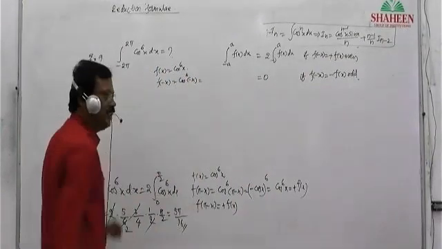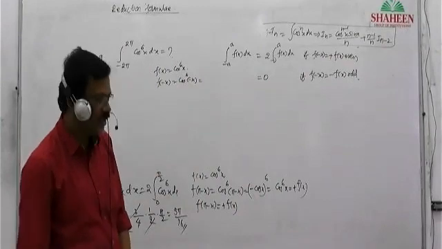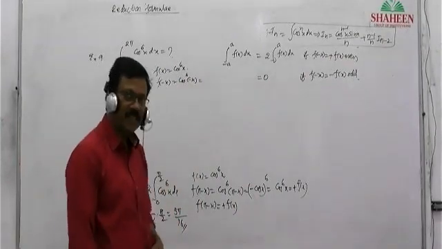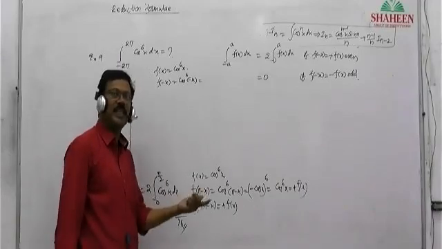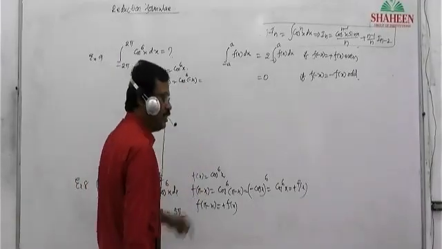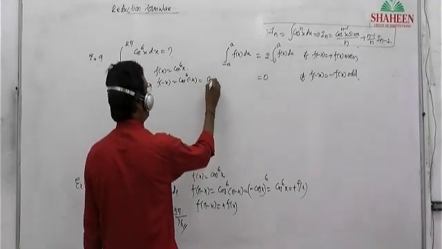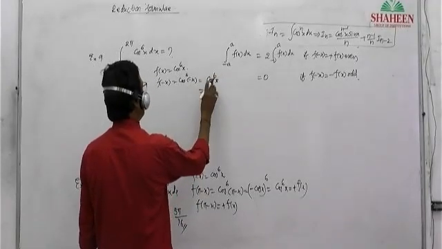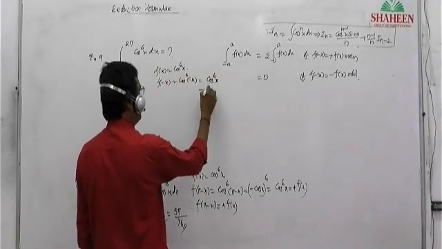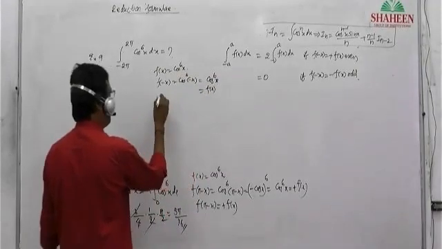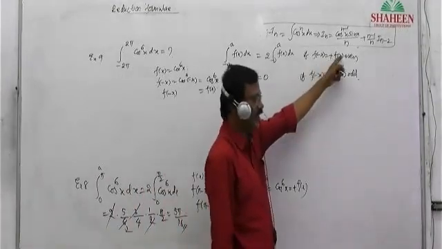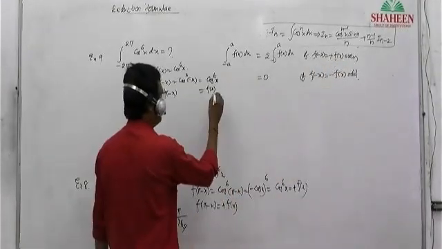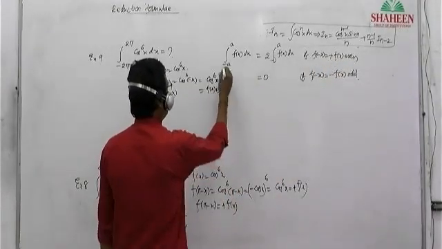Cos minus theta is plus cos theta, whereas sin minus theta is minus sin theta. So cos minus theta is plus cos theta, and we get cos power 6x again. F of minus x is f x. We got the even function.